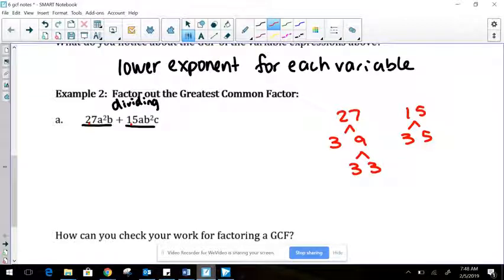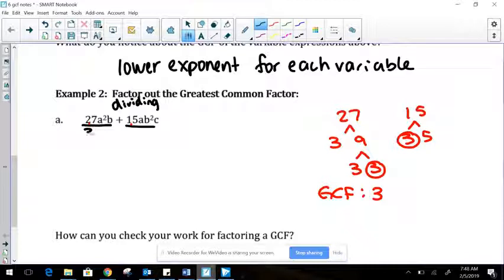So I'm doing the good old factor tree. When you get down to all prime numbers, so 3 is prime and 5 is prime, you're done. So to find the GCF, you just circle anything they have in common. So they both have a 3, and that's it. So my GCF for these two numbers is 3.